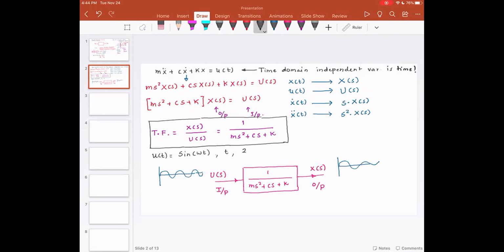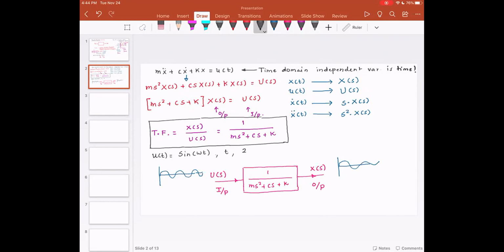is there any possible value of s at which the output will be infinity? And I will pose this question again.